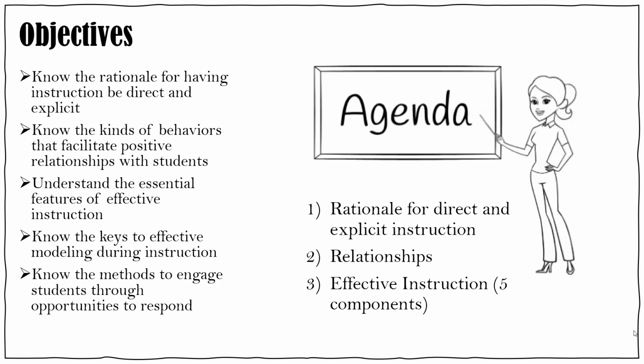And then the main part of the video will be on the components of effective instruction, which are 5 of them. And I would say this video in this module takes what we talked about in Module 7 and puts it into perspective with regards to how you actually go and present it. So you will see a lot of overlap from Module 7 into this video.